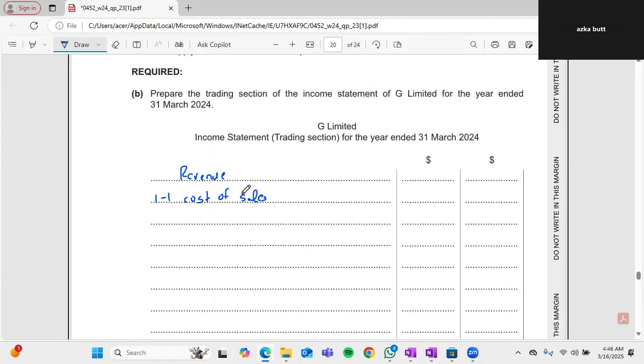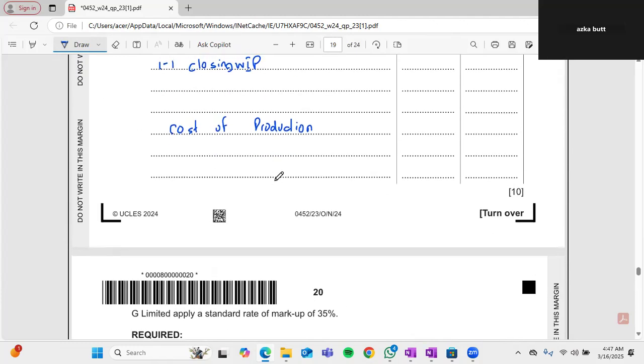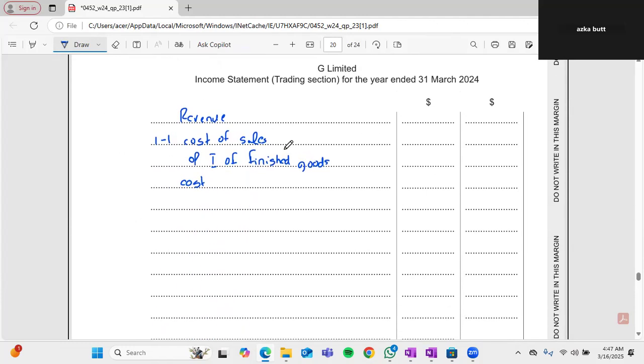In the cost of sales, you are going to write the opening inventory of finished goods. And you also need to add the cost of production, which you just found out from here in the manufacturing account.